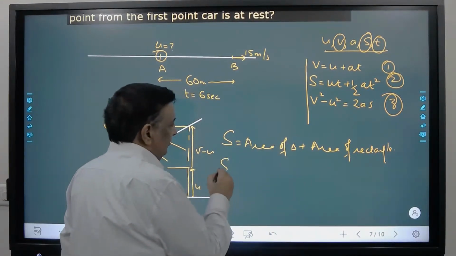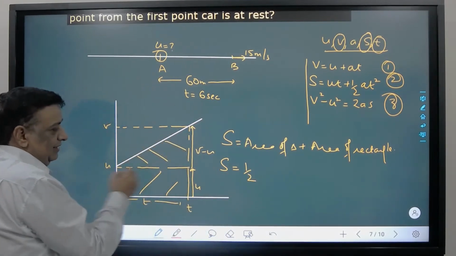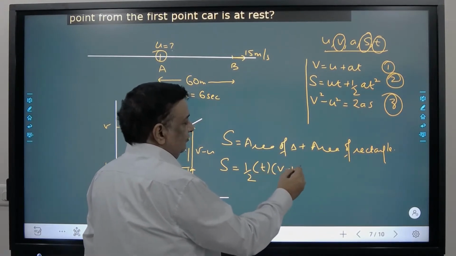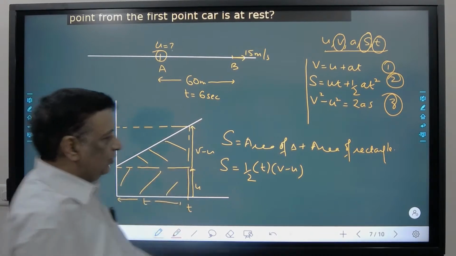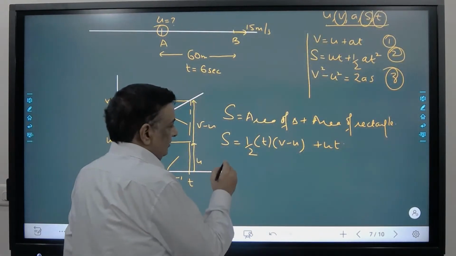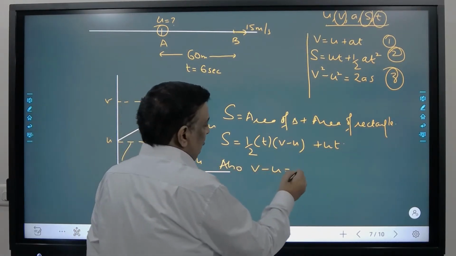Now area of triangle is half base into height. Base is t, height is v minus u, and for rectangle the area is ut. Also we know that v minus u is at.